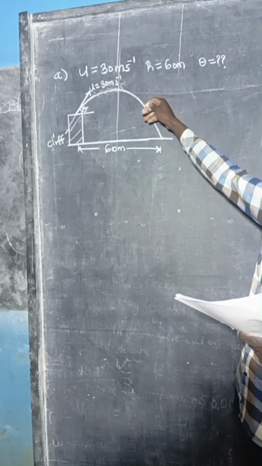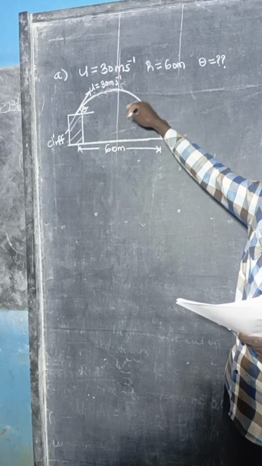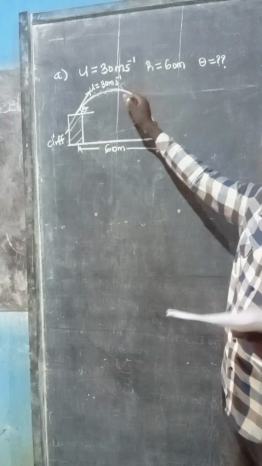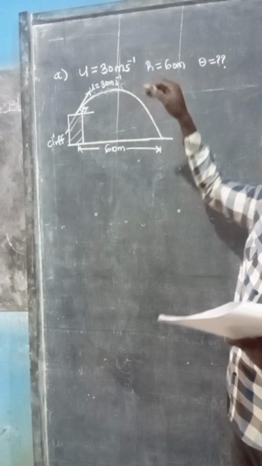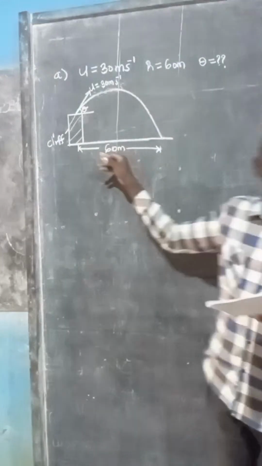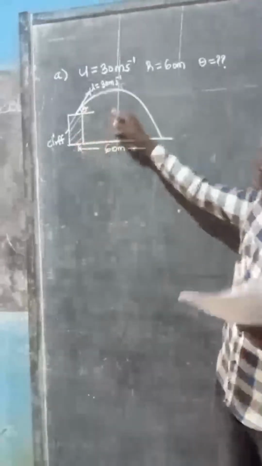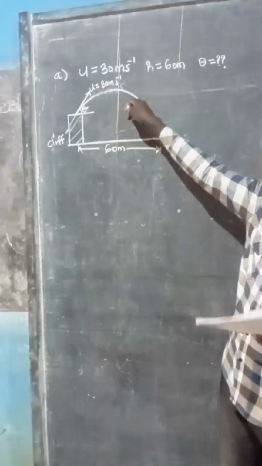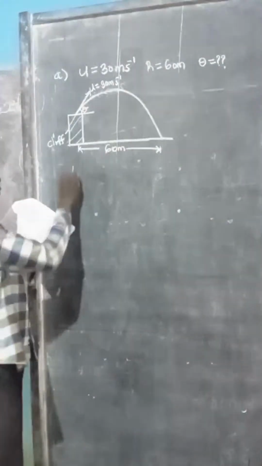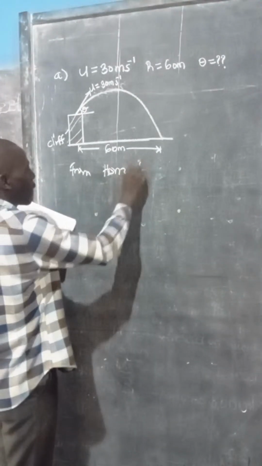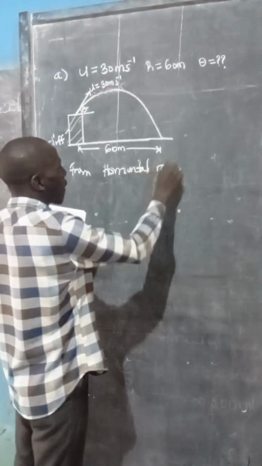I may not be looking at the time of flight, because what I can use to get the time of flight is not given. What I should be looking at here is the range, because it is the only way I can get the angle theta. So I am going to take the horizontal range.